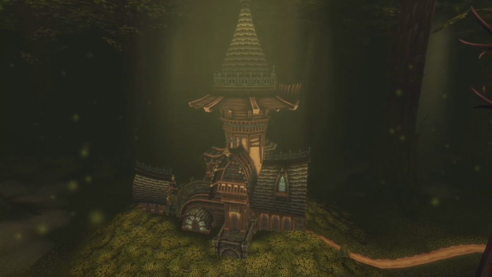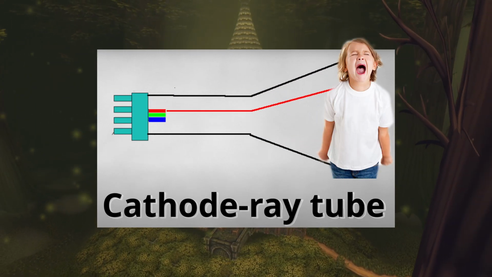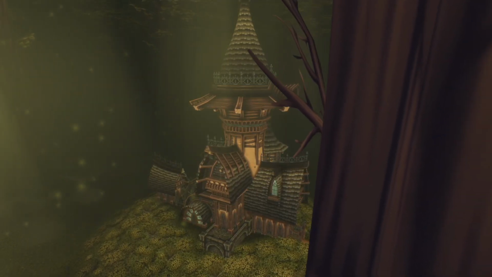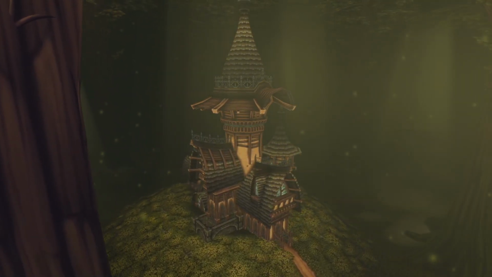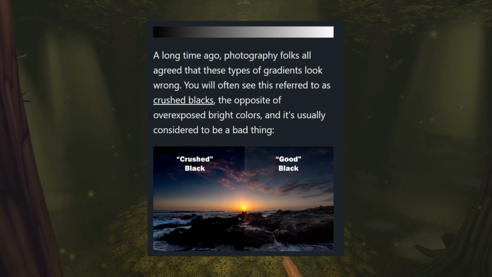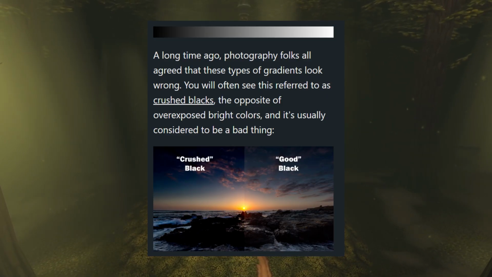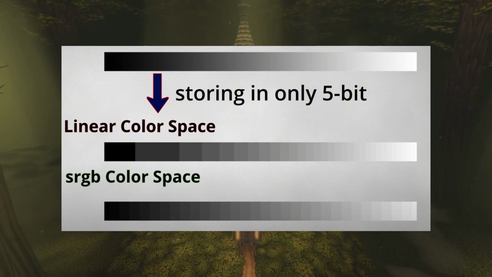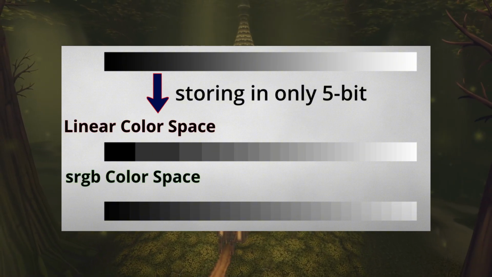In the ancient times, when TV screens bombarded children with radiation waves for watching cartoons, people found out that in digital representation of colors there are too few blacks and too many whites. They called this phenomenon crushed blacks. This was a poor state of affairs. Our human perception works in such a way that we perceive more shades of dark than of bright.